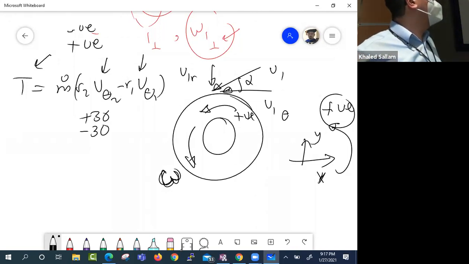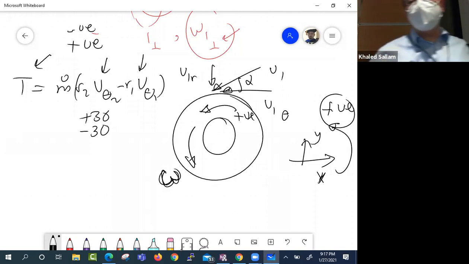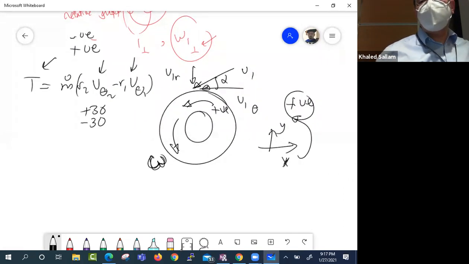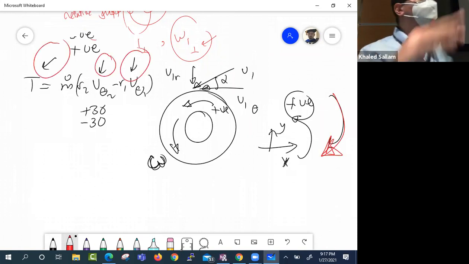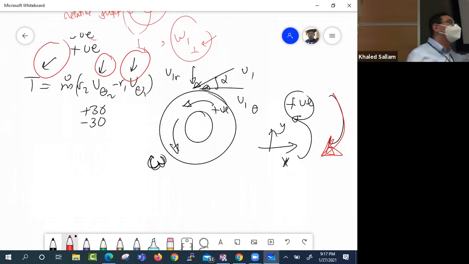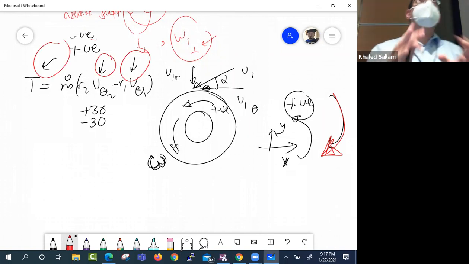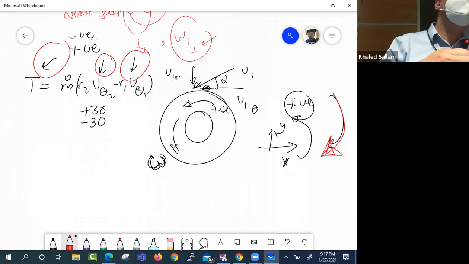So same thing over here. What I'm saying is that if you decided that the positive direction is going to be this way, nothing bad will happen if everything is following that rule. You basically say, are you moving in that direction? Then you're plus.